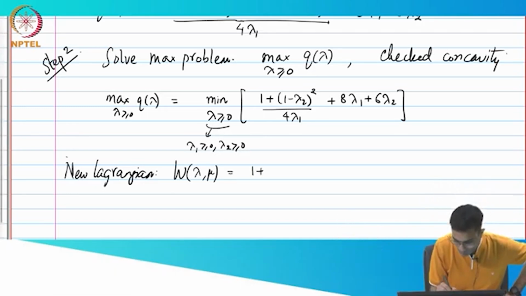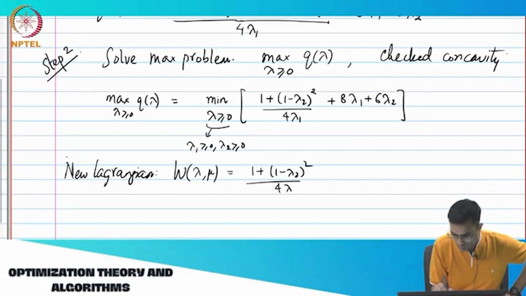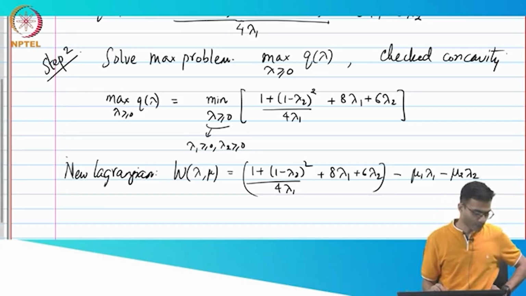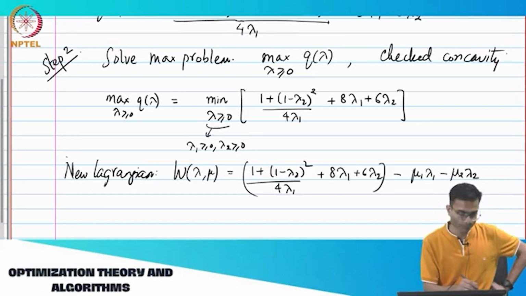So this is going to be 1 plus (1 minus lambda 2) squared by 4 lambda 1 plus 8 lambda 1 plus 6 lambda 2. This is the first part, minus mu 1 lambda 1 minus mu 2 lambda 2. Okay, is there a constraint on mu 1, mu 2?